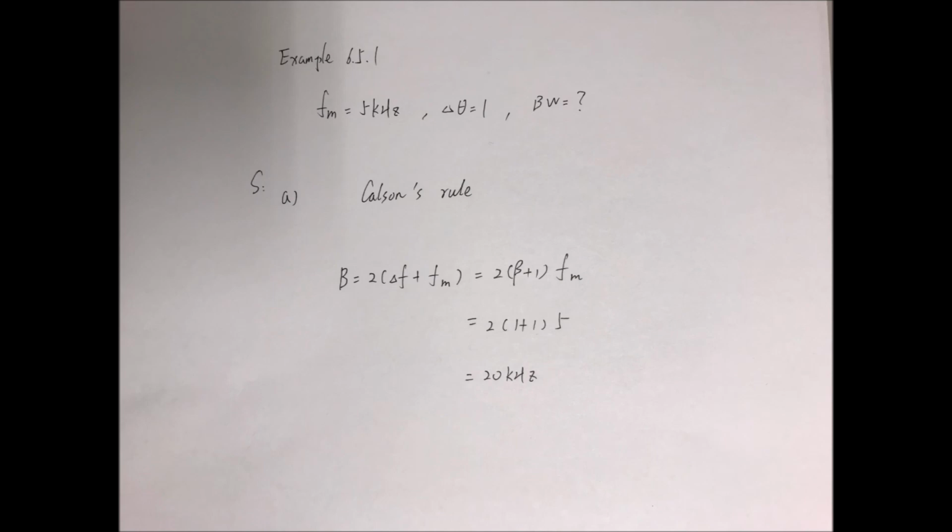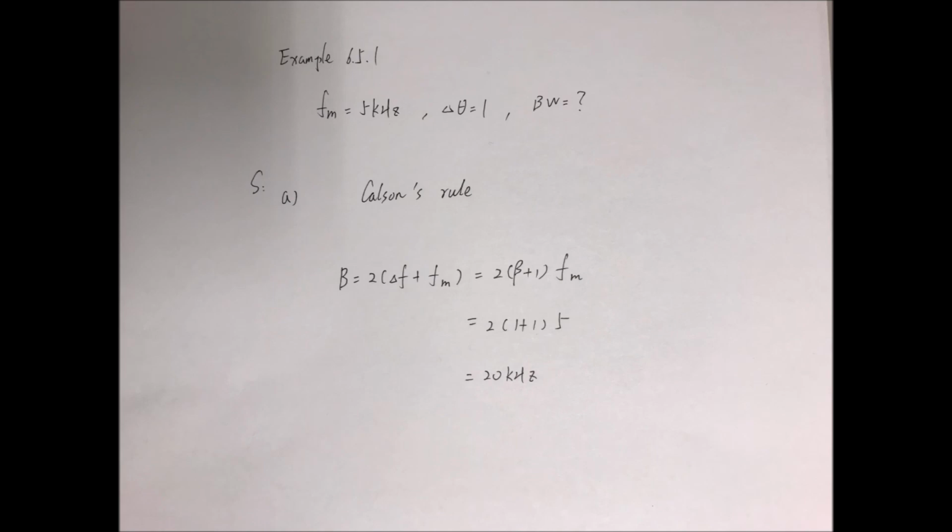Beta is 1, definitely not narrowband. It's not very big, so we use Carson's rule. This one is almost the same as the previous example. The only tricky thing is beta for PM is the same as your peak phase deviation.